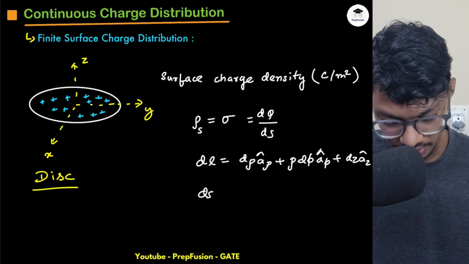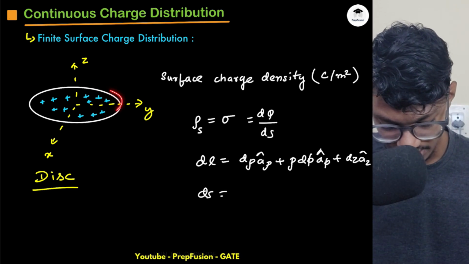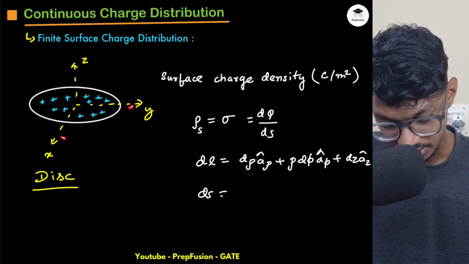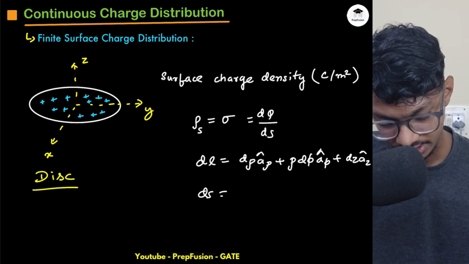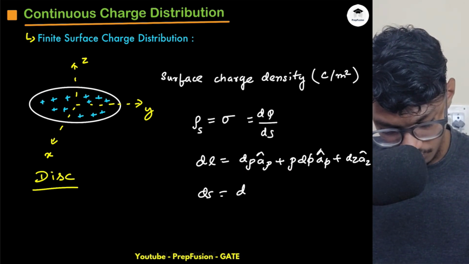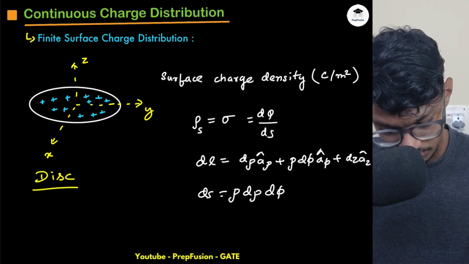Now for ds, I need to identify which plane this is in. This is in the xy plane. If it is in the xy plane, my direction will be z, and I will take the other two components. So this will be rho d rho d phi.